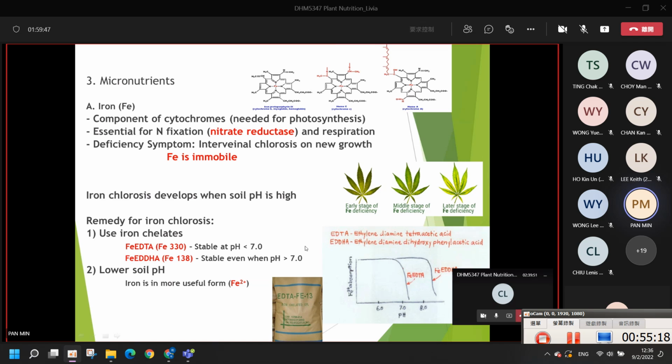For example, if the soil pH is below 7, we suggest using Fe-EDTA, this type of iron chelate. And in alkaline soil, where the soil pH is above 7, we suggest using iron EDDHA. Different soil pH calls for a different selection of iron fertilizer.